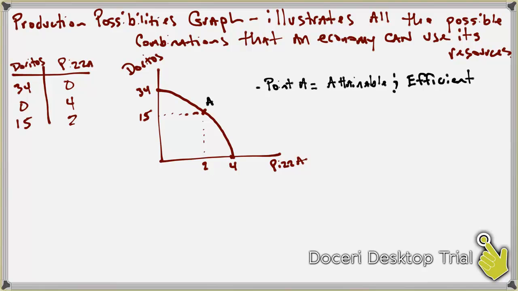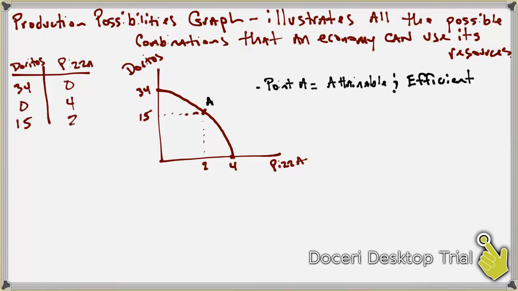And what we need to know is on our production possibility graph, any point that falls on that curve, on the line, is an efficient use of resources. So point A could be anywhere on the line, and we should be able to produce that combination of Doritos and pizza, and that should be the most amount of Doritos and pizza that we can produce using the resources that we have. Okay? Attainable and efficient.